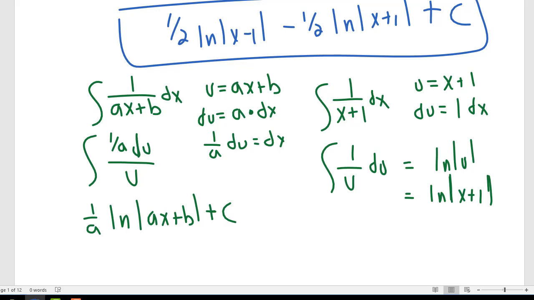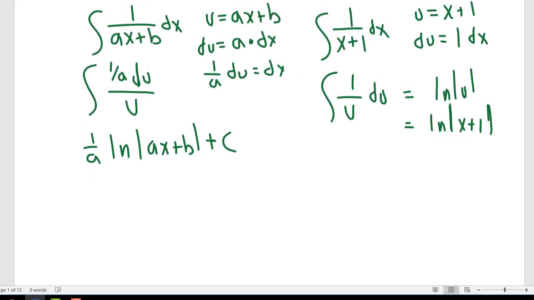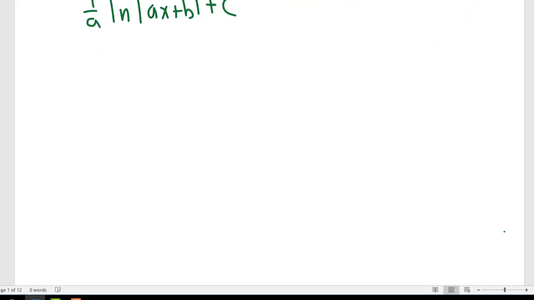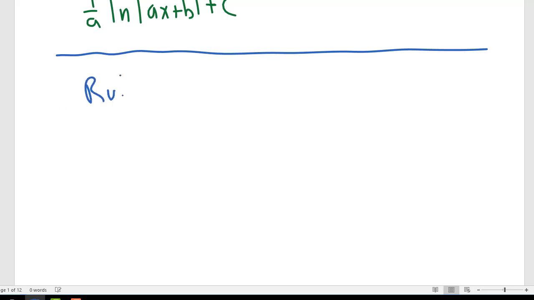So let's take a couple minutes to just illustrate the rules of the decompositions here. All right, so let's take a look at the rules for decomposition. Now, usually in a standard calculus book, you have these rules presented to you in a very generic form. I'm just going to illustrate examples, all right, just to save some time here.